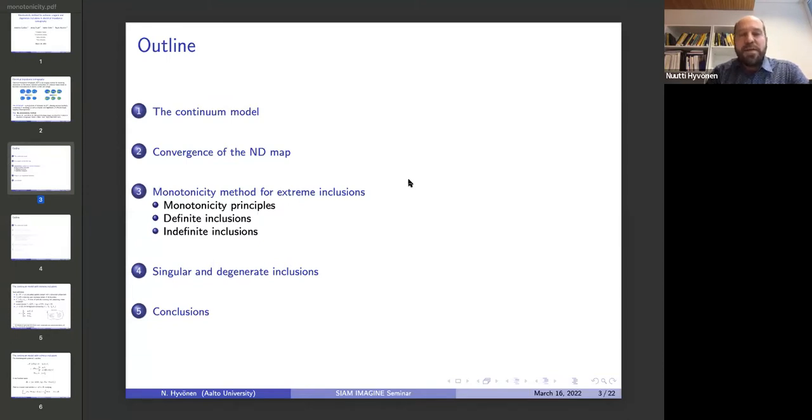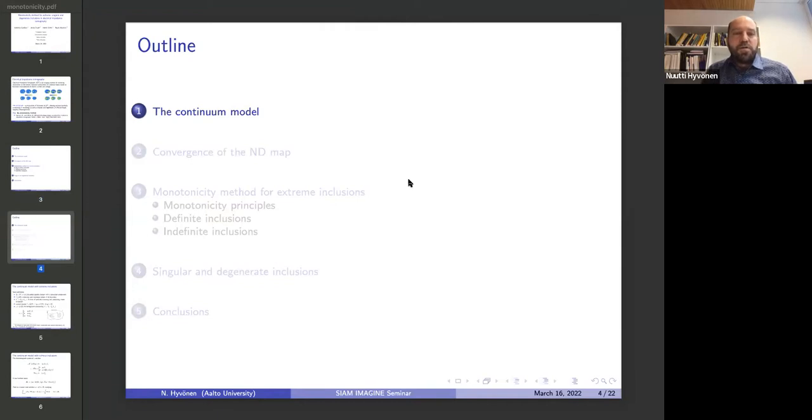So we prove that the boundary map converges towards the setting where you actually have inclusions that are either ideally conducting or ideally insulating. So at the limit, you can replace the really small or really large conductivity inside an inclusion by either a homogeneous Dirichlet or Neumann boundary condition on the boundary of the inclusion.